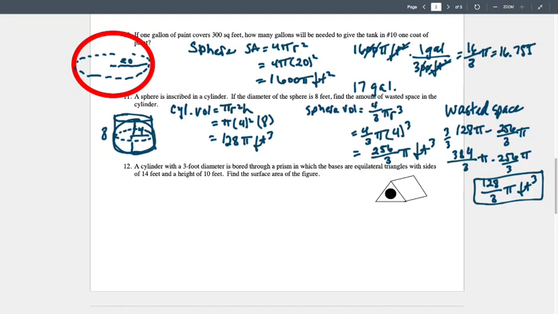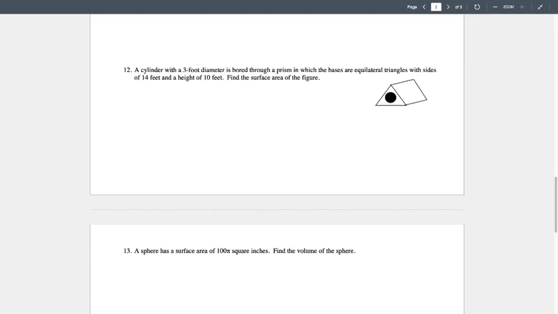Okay, this next one is going to take some space, so I'm going to erase all of this. This one's a little bit tougher. We've got a cylinder with a 3-foot diameter that is bored through a prism in which the bases are equilateral triangles with sides of 14 feet and a height of 10. Find the surface area of the figure.